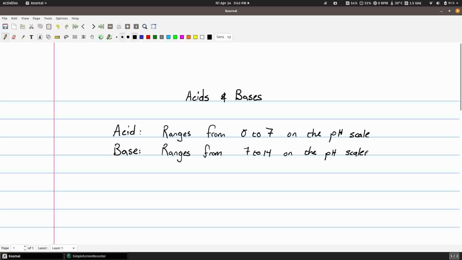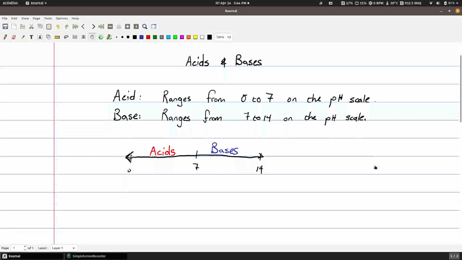And just so you know, the pH scale is just a way for us to analyze the concentration of hydronium ions. So we have 7, 0, 14. So your acids will be here. Let me fix this drawing a little bit. And then your bases will be over here. So this is more like just the general gee-whiz info about what an acid and a base is.